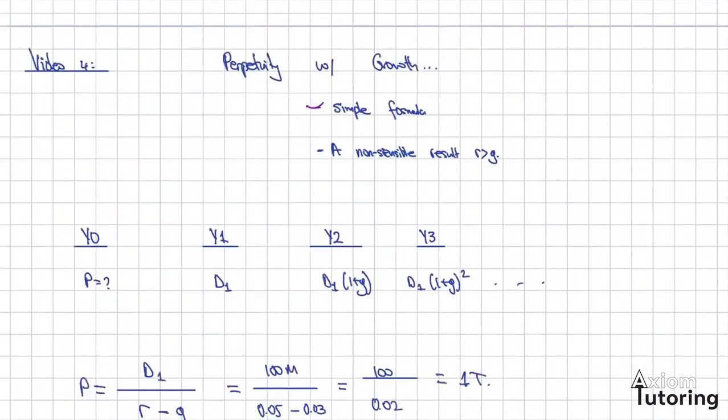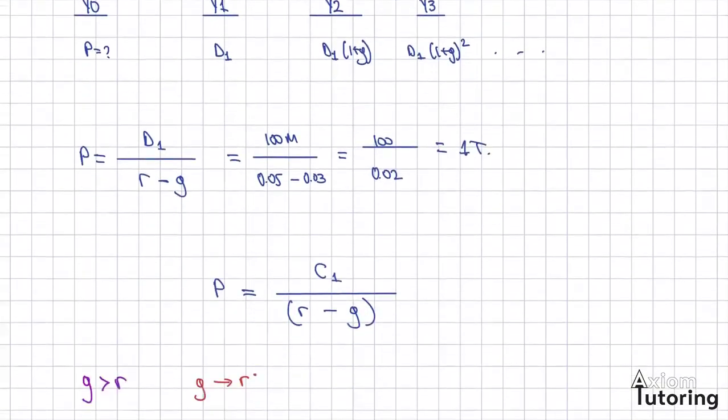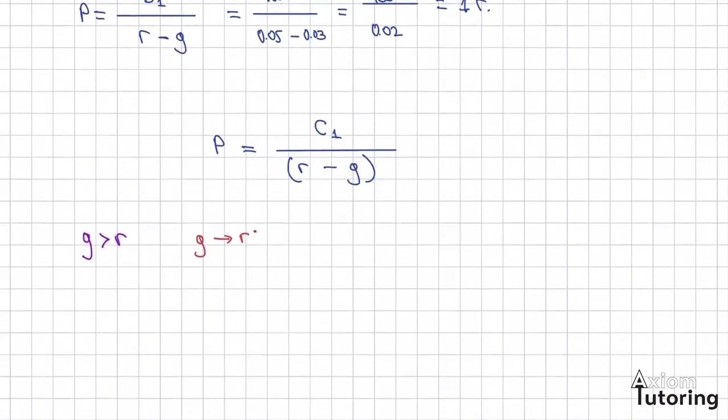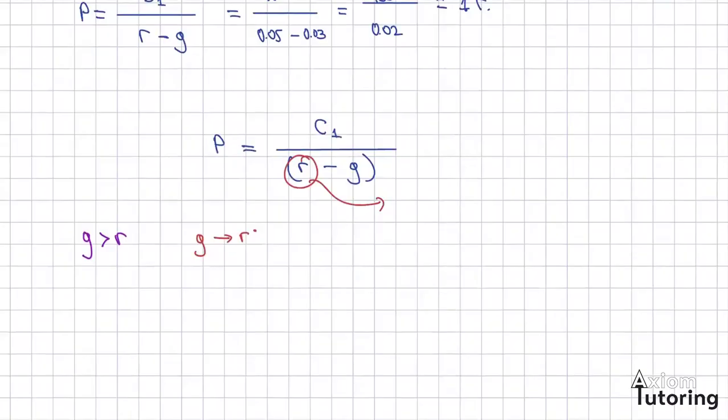I'd like to give you a little bit of intuition as to why this happens. You don't need this for your CFA level 1 exam, but it's nice to start building up some intuitions. When do these formulas fail? Well, they fail because the implicit assumption in these calculations is that this R is not just the interest that you demand, or your required cost of capital, or your required reward, but equivalently the rate you can borrow at.